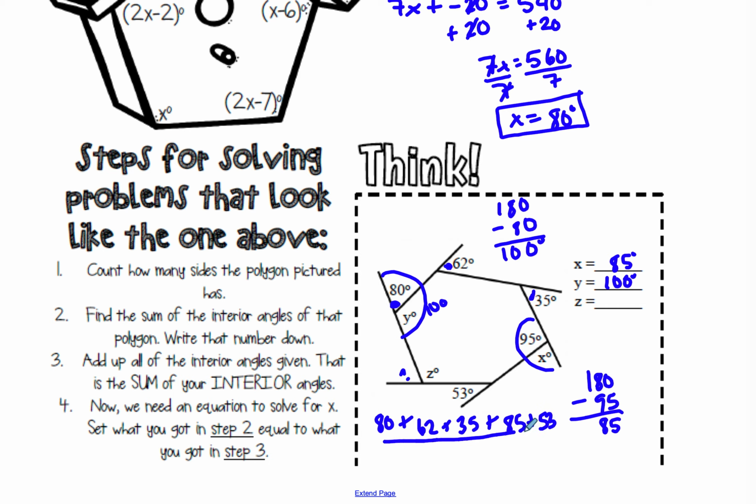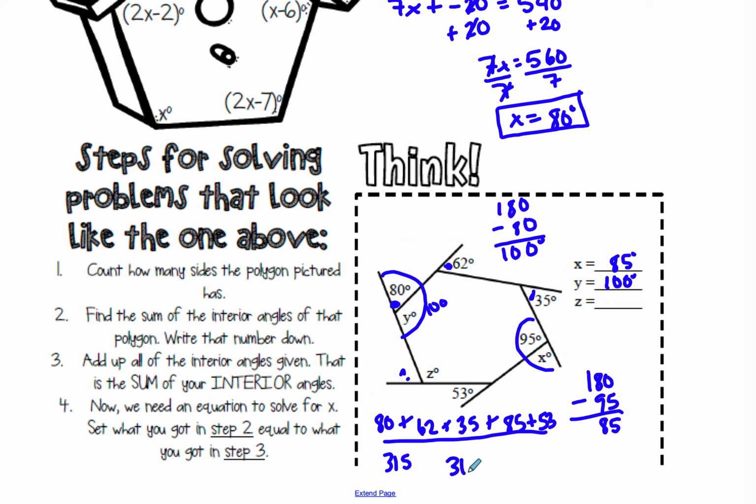When I add all of those together, let's see, so 80 plus 62 plus 35 plus 85 plus 53, I get 315.